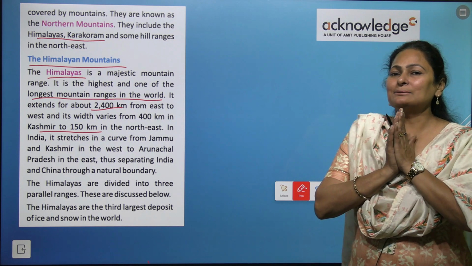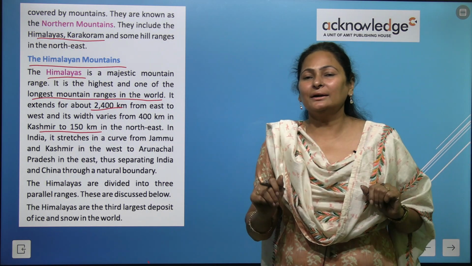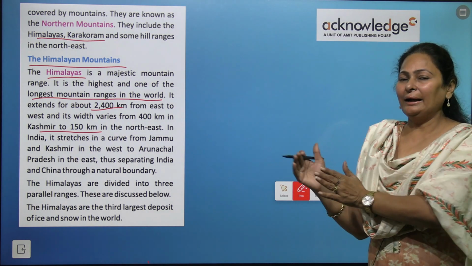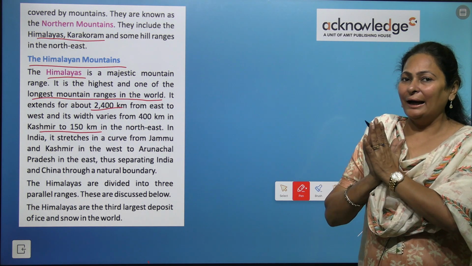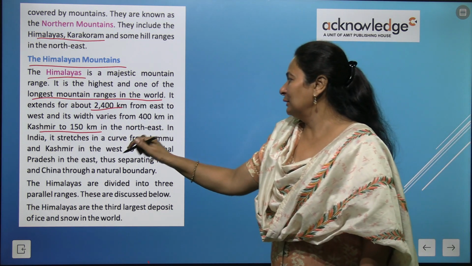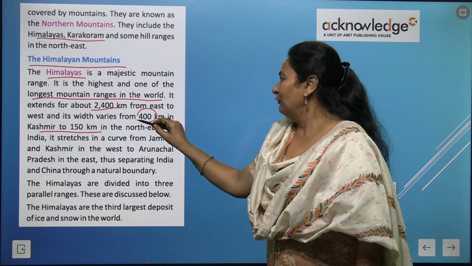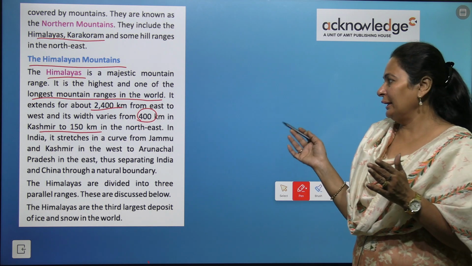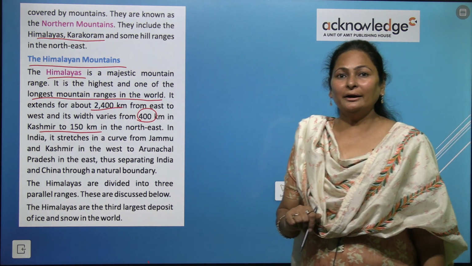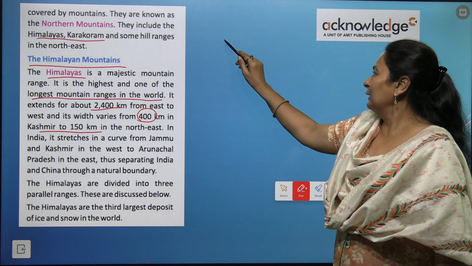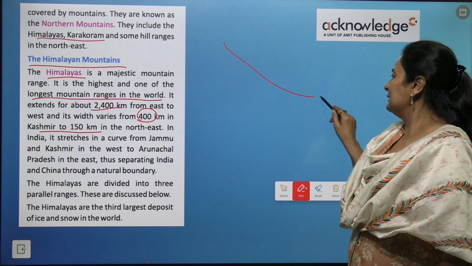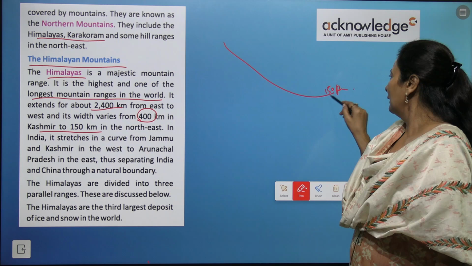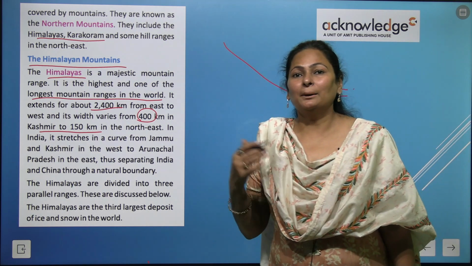Means these mountains are wider in Jammu and Kashmir, at the northernmost point, and not as wide elsewhere. The width of the mountains in the Jammu Kashmir area is around 400 kilometers. When you come down to the eastern part, the width of the mountain is only 150 kilometers.